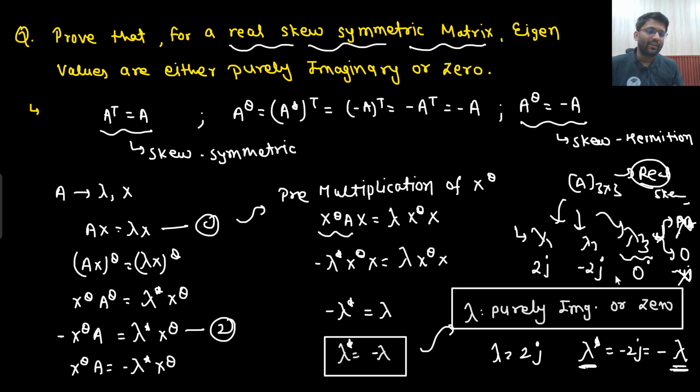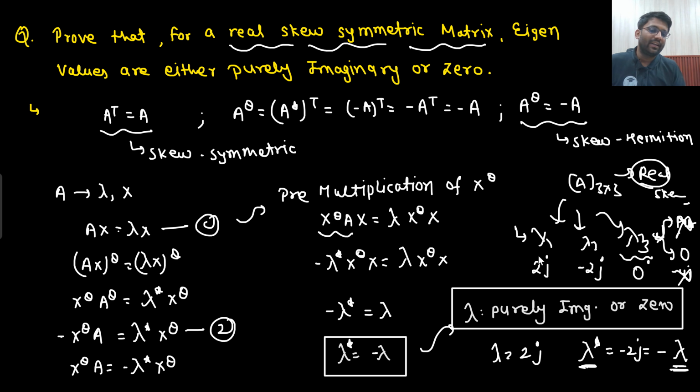For a 3 cross 3 skew symmetric matrix, I have given the eigenvalue 2j only. With respect to 2j, you know that minus 2j will also come. Now the third eigenvalue you can comment on your own. Why? Because I am having only two options, either purely imaginary or 0. If it is purely imaginary, then its complex conjugate should also come, but the complex conjugate is not even available. So it has to be 0.